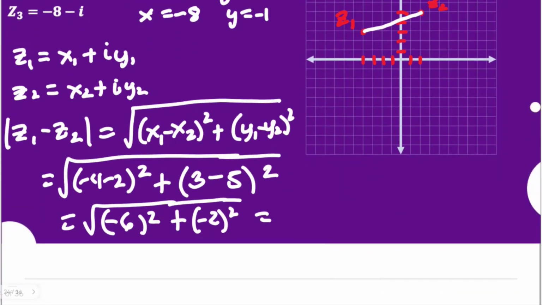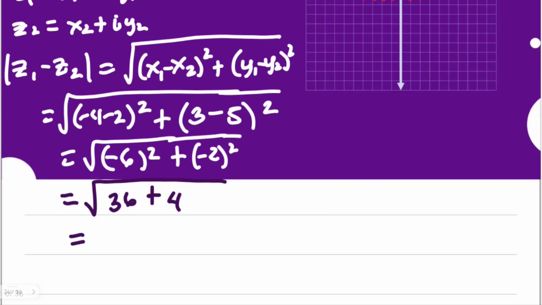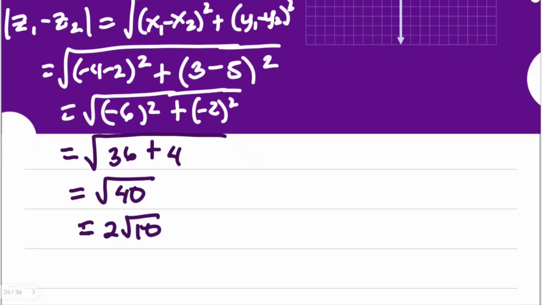So you will have the square root of 36 plus 4, the square root of 40, or in simplified form, 2 square root of 10. This is the distance between the complex points z sub 1 and z sub 2. Again, we have the same formula as the original distance formula for the Cartesian plane involving real numbers.